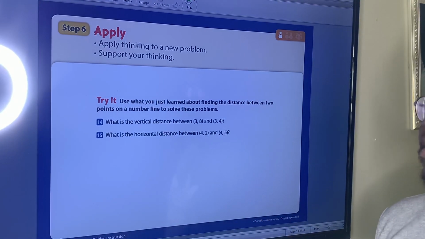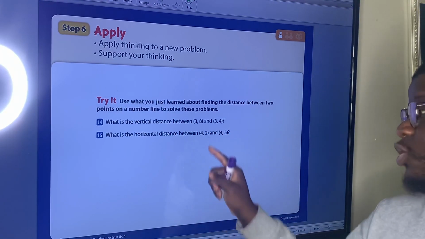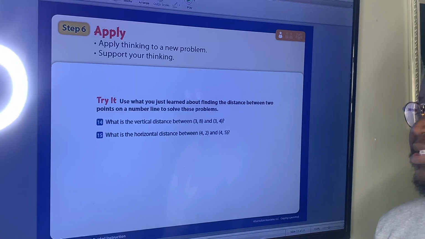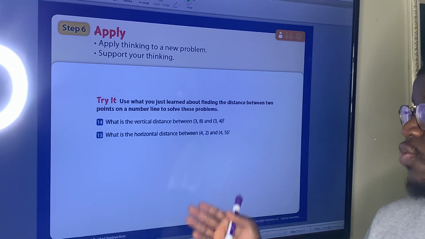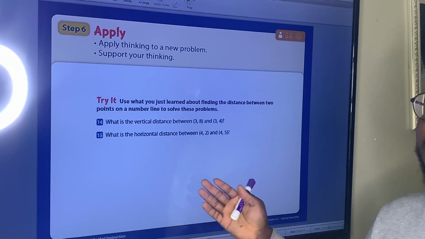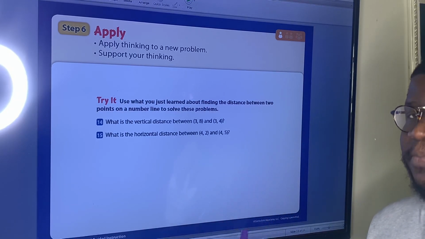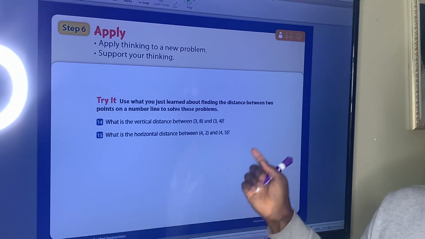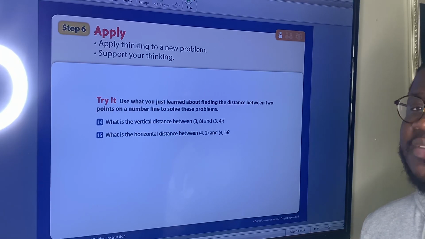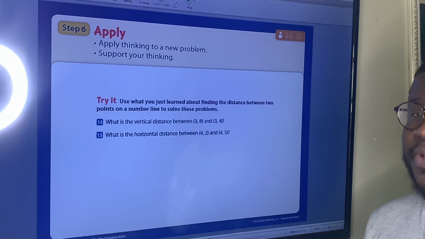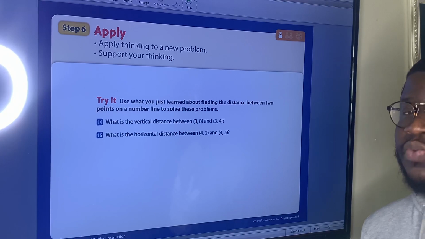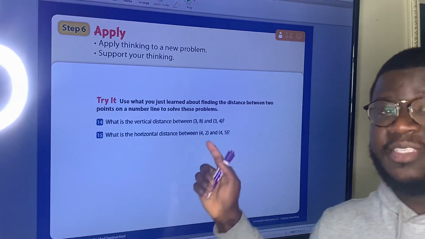How would you find the distance between these 2 points? Once you find the distance between the 2 points, answer your question. Make sure you explain your answer thoroughly. If you do not understand, go back in the video. Make sure you watch the video entirely. Replay the video so you make sure that you understand what the question is asking you.